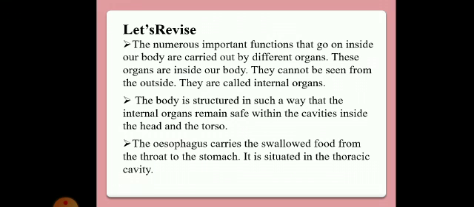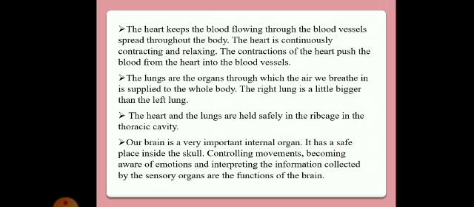They are called internal organs. The body is structured in such a way that the internal organs remain safe within the cavities inside the head and the torso. The esophagus carries the swallowed food from the throat to the stomach. It is situated in the thoracic cavity.